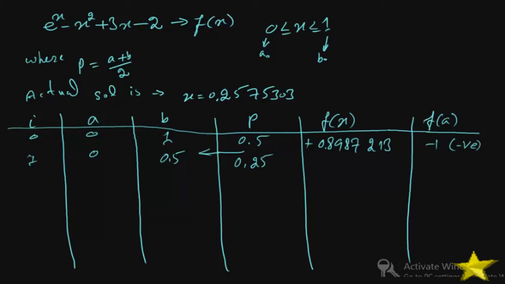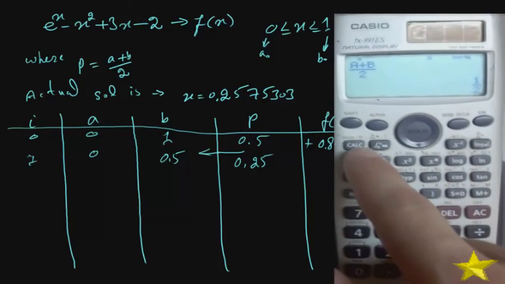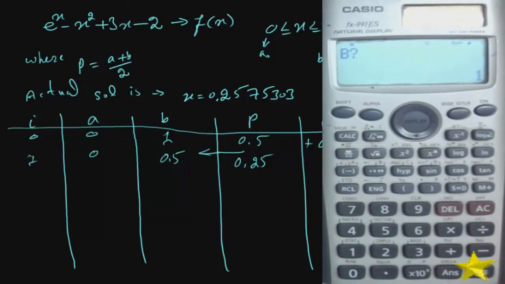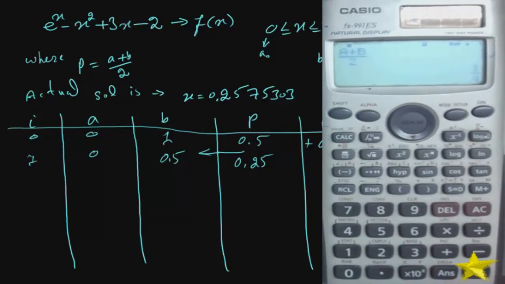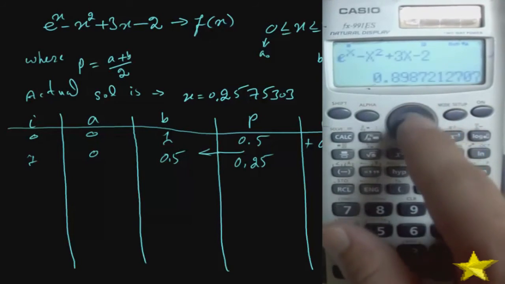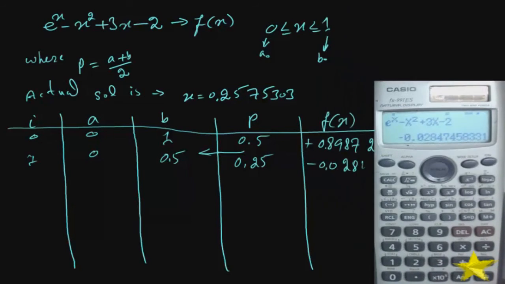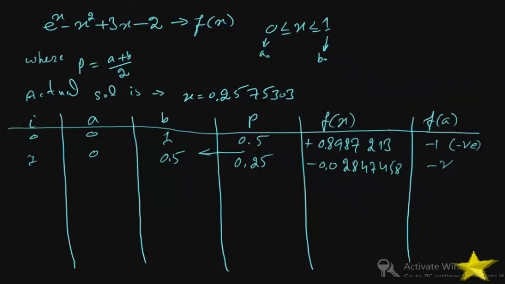Going back again to the average equation, press CALC, value of A is 0, value of B is now 0.5, and you get P, which is 0.25. Go back to your original equation, press CALC, it will ask you for the value of x, press ans, the previous value of P, 0.25, and it gives you f of x equal to minus 0.02847458.